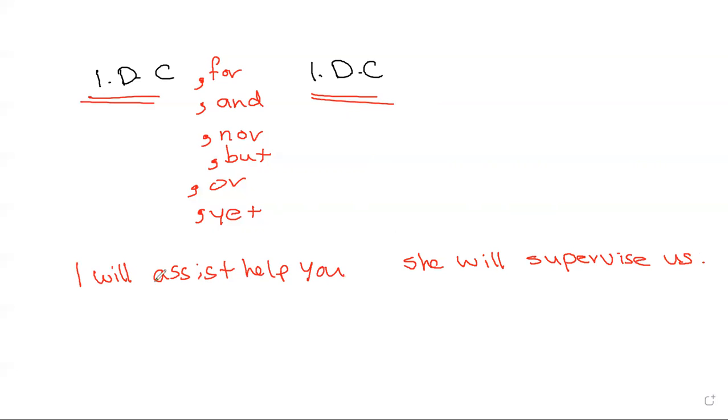So I want to help someone, and so someone else will supervise us, or supervise equals watch us. So we can just remove that, but yeah, it's a new word you can take. So what do we do here? These two can stand by each other. Which one do we choose? We will choose comma and she will supervise us.